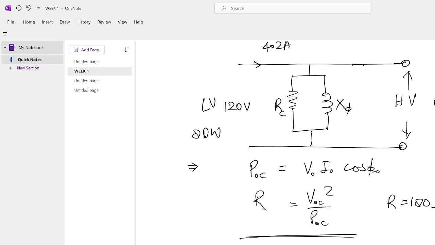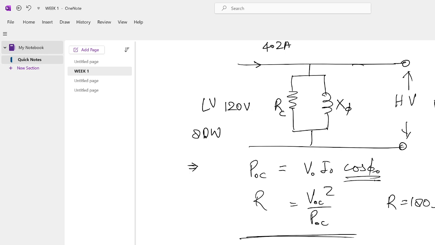Cos phi, anyone else? Is there a value of cos phi given? You can find cos phi naught from here also.